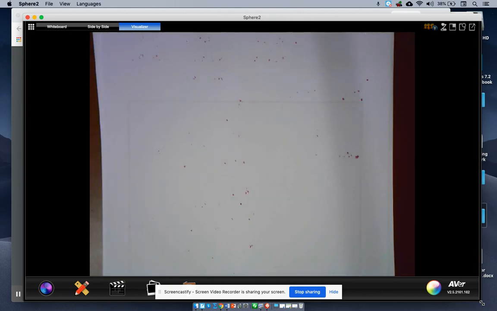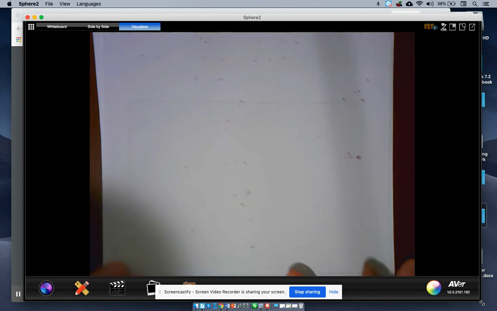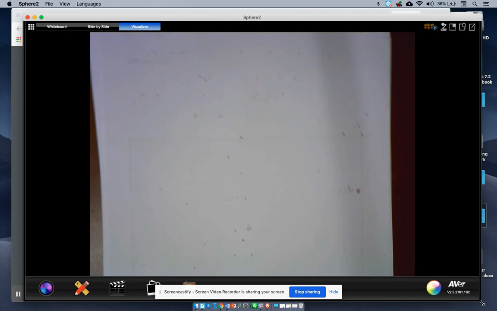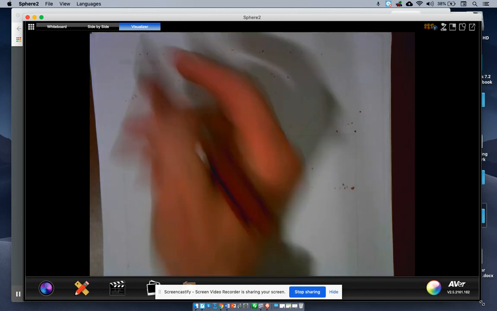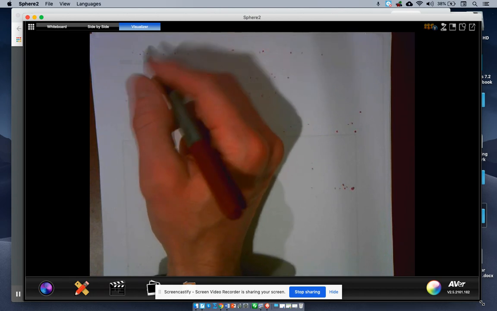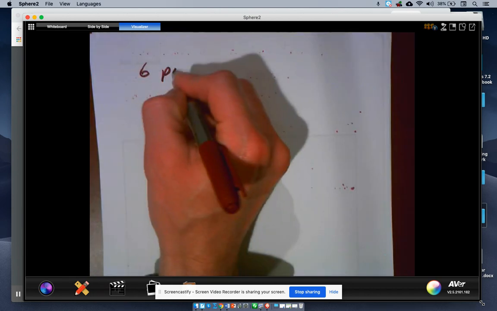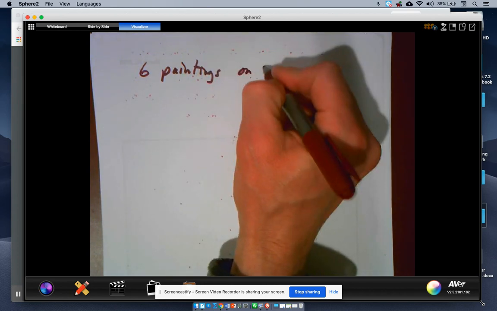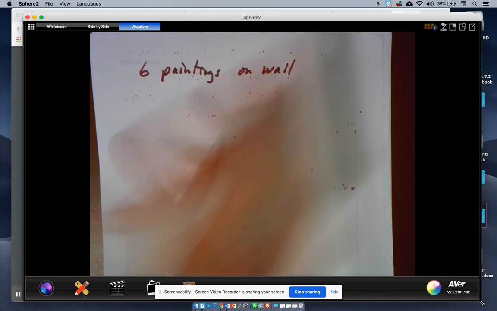Let's do another one. This is a review from yesterday, and I just put dots all over the paper from my marker, being a Sharpie type marker. So you've got to deal with the dots. Let's go with, I have 6 paintings on my wall. I'm going to arrange those 6 paintings.